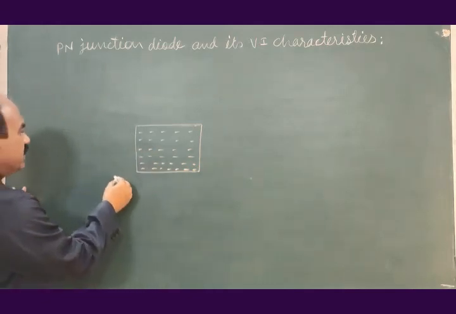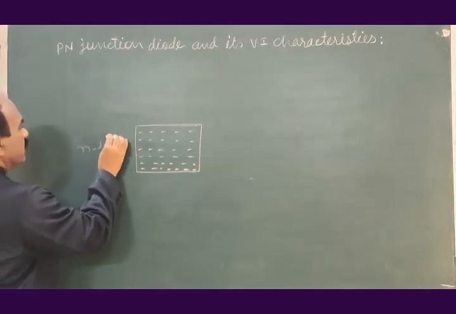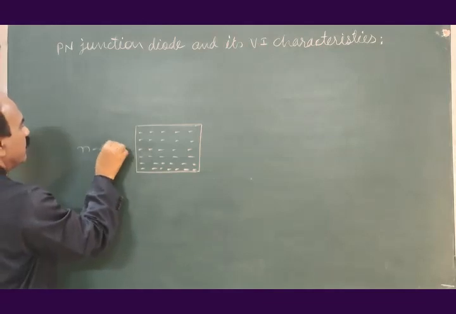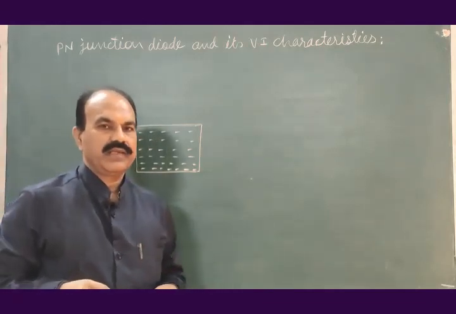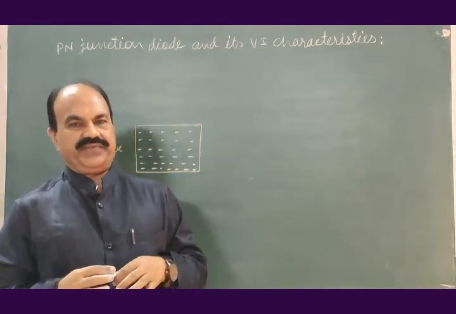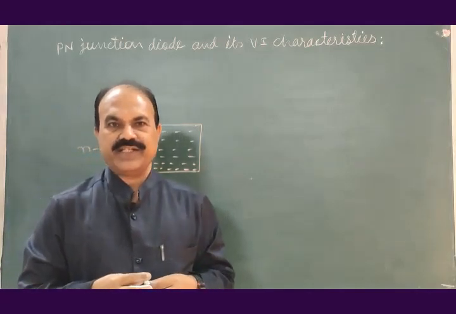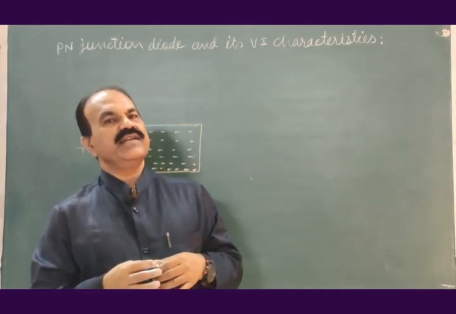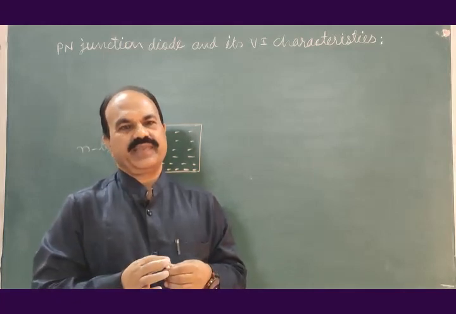We have this as N type of semiconductor. Now, let us consider trivalent impurity. We have used gallium as trivalent impurity. Indium is also there, aluminum is also there. You can go for any trivalent impurity.